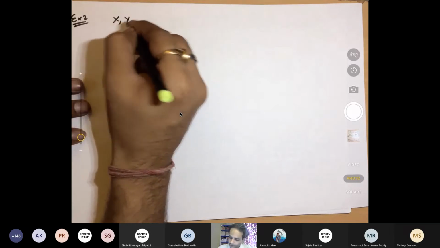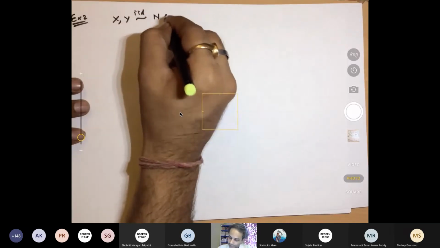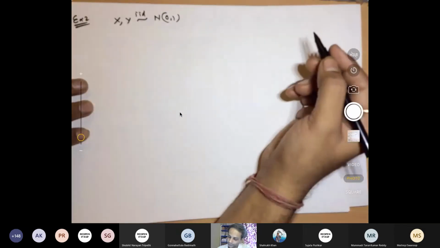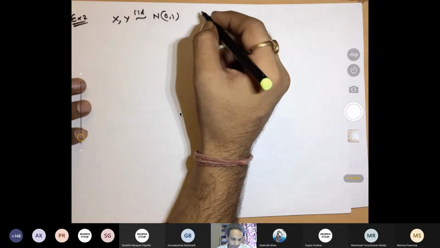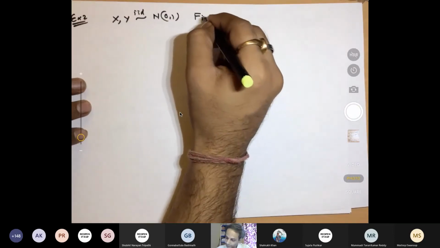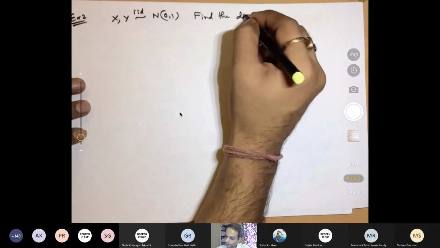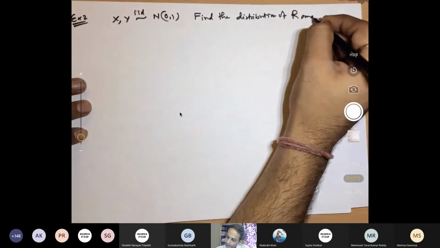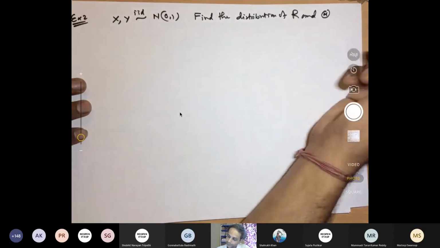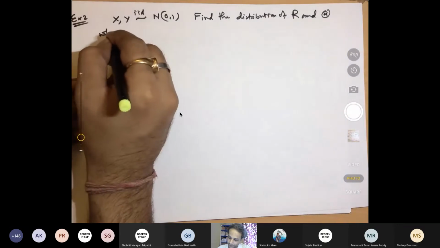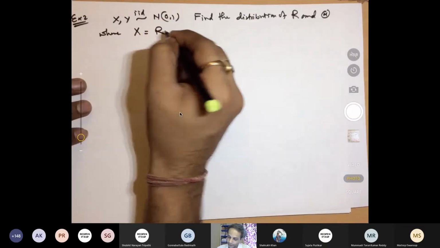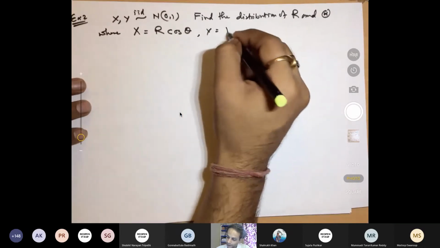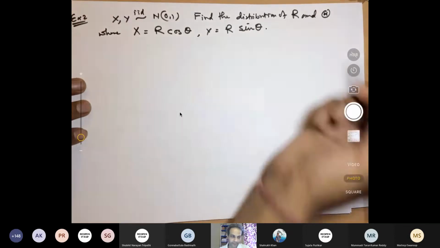So let x, y follow IID normal 0, 1, and find the distribution of r and theta, where x equals r cos theta and y equals r sin theta.